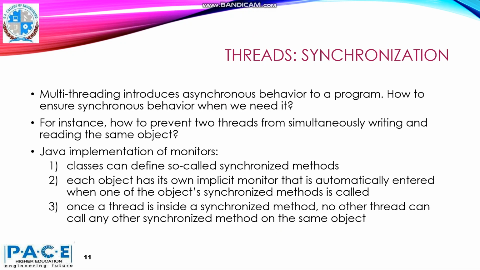Each object has its own implicit monitor, and that is automatically entered when one of the object's synchronized methods is called. So once a thread is inside a synchronized method, no other thread can call any other synchronized method on the same object. This way, the shared objects can be protected from being simultaneously written.